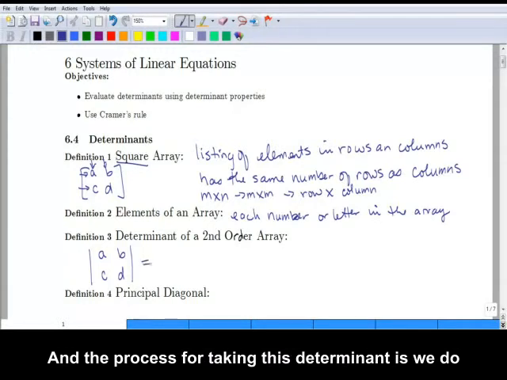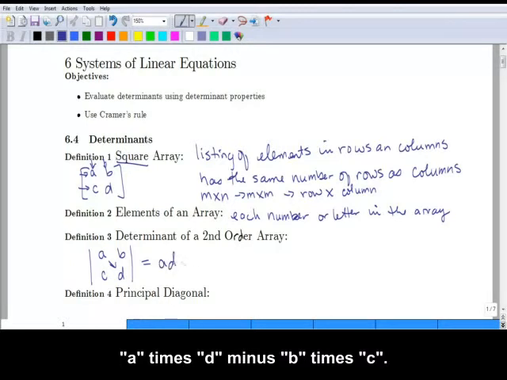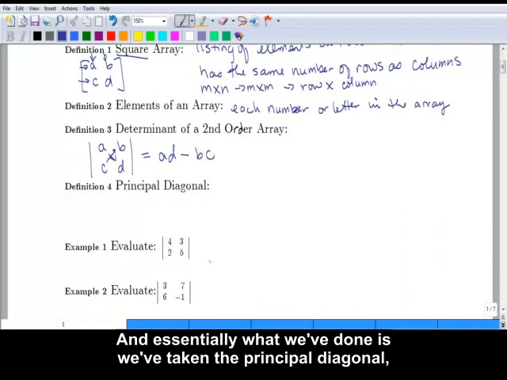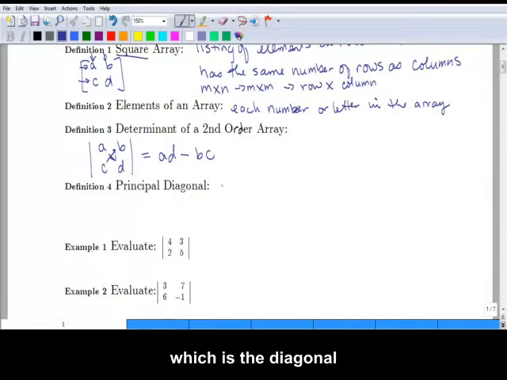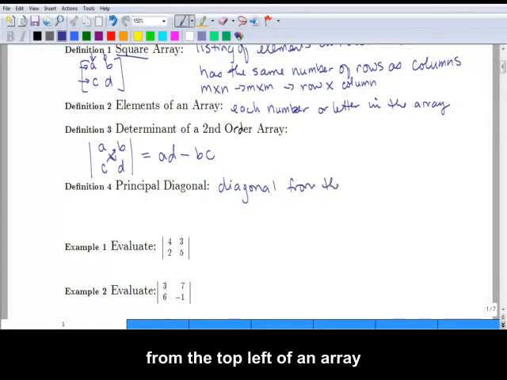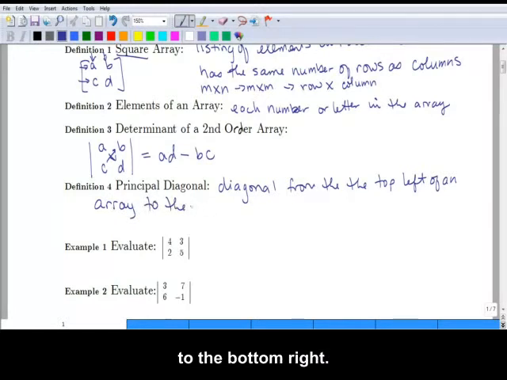And the process for taking this determinant is we do A times D minus B times C. And essentially what we've done is we've taken the principal diagonal, which is the diagonal from the top left of an array to the bottom right.